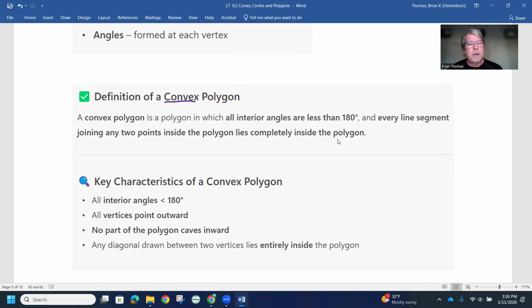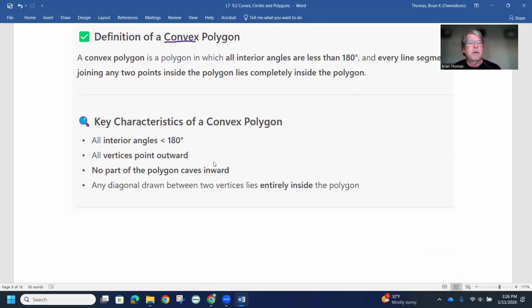Okay, so we have that going on. So on these interior angles, all these angles are going to be less than 180. Nothing is going to be more than 180. All the vertices point outward. No part of the polygon caves inward. Okay, there is no caving inward. So any diagonal drawn between two vertices lies entirely inside the polygon.